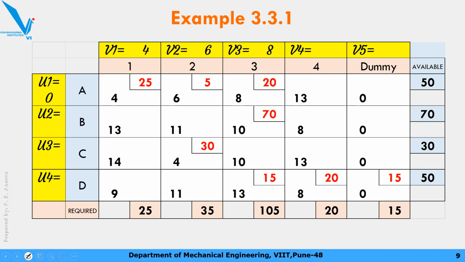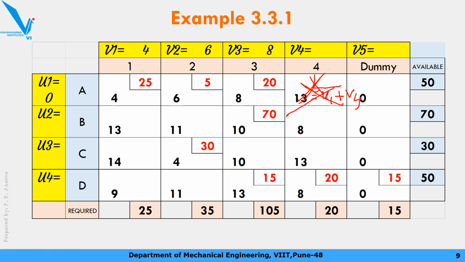Okay, now v4, v5, u2, u3, u4 remain to be calculated. Now please concentrate on the next step. Whenever you start calculating u1, u2 or v1, v2, you need to go with only allocated cells. That means you cannot do like this: 13 equal to u1 plus v4. You cannot do that because 13 doesn't have any allocation.